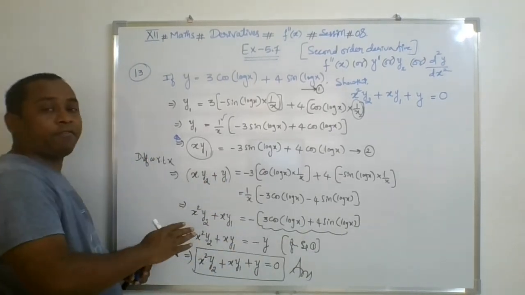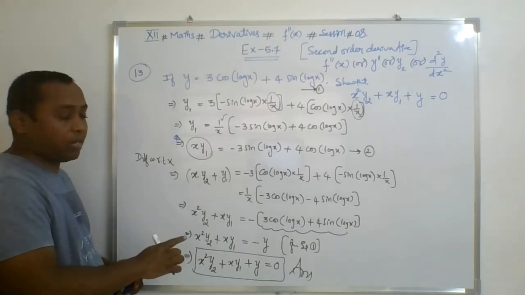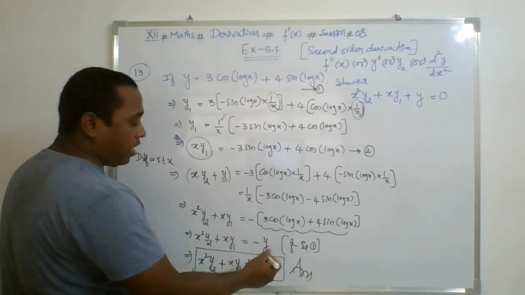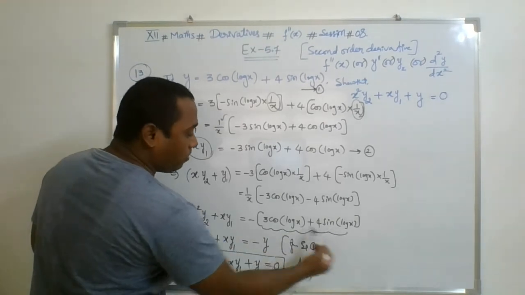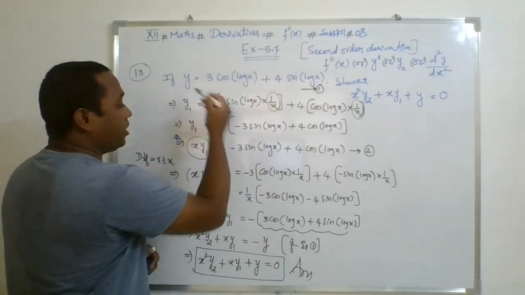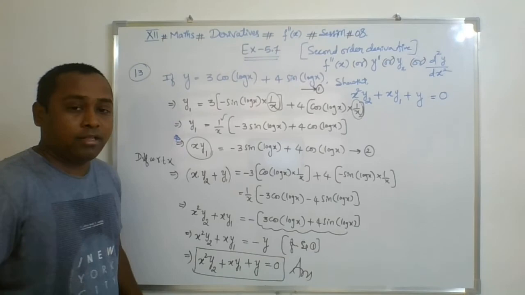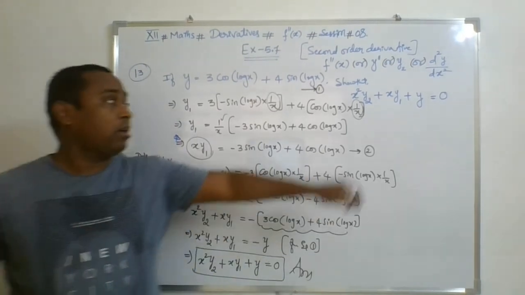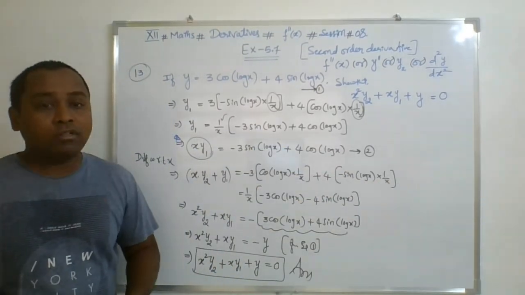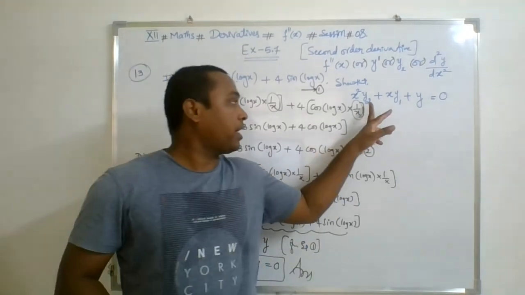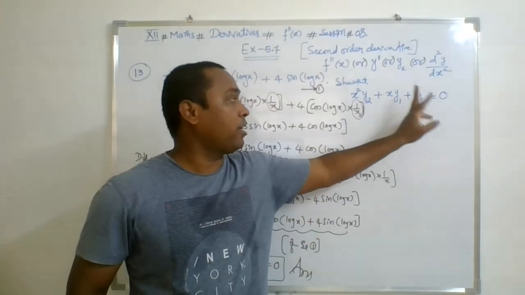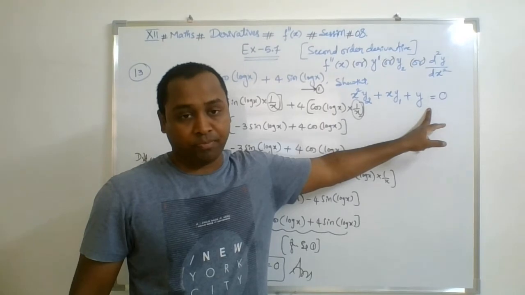Again, I took the common factor, I took in cross multiplication, and then again I have used equation 1 to reduce this expression to y. Then I am simply able to get the final answer without substituting the second order derivative, first order derivative, value of the function in the question.